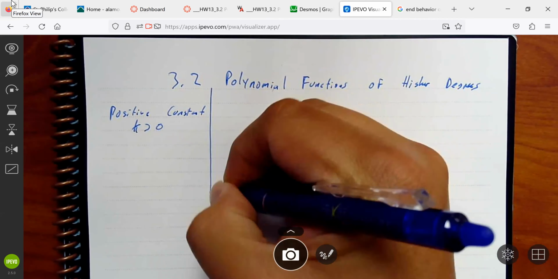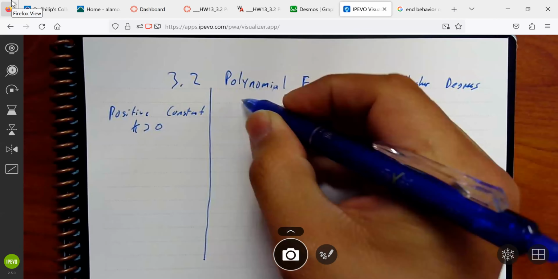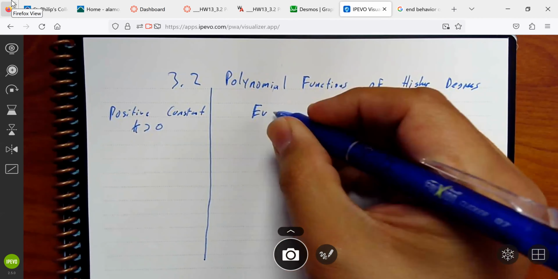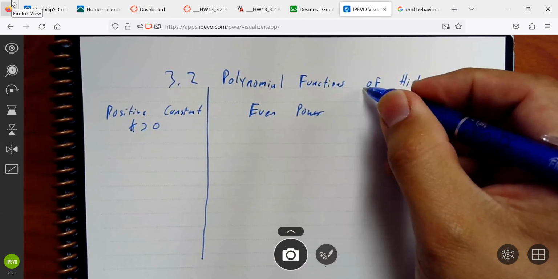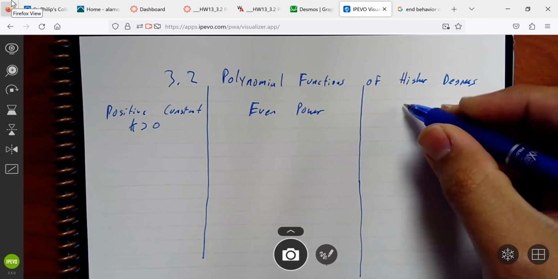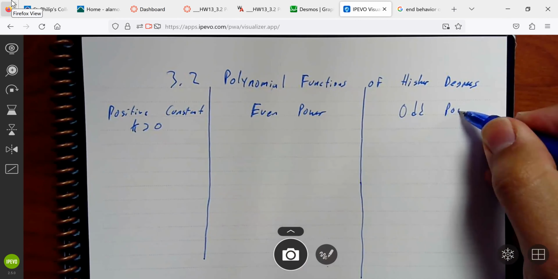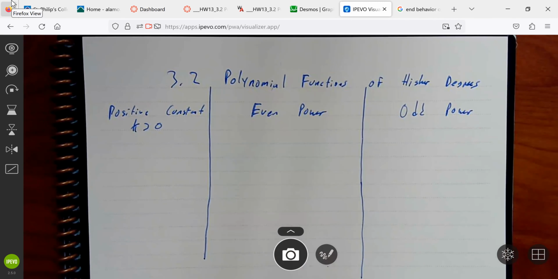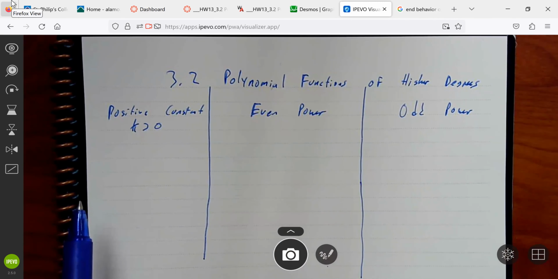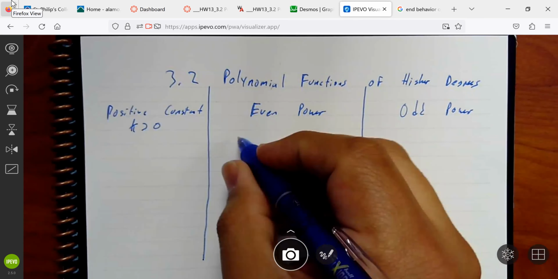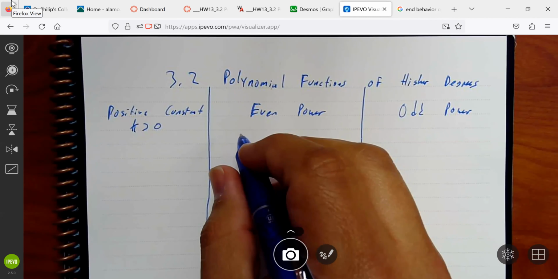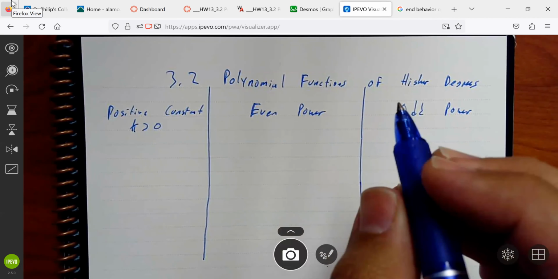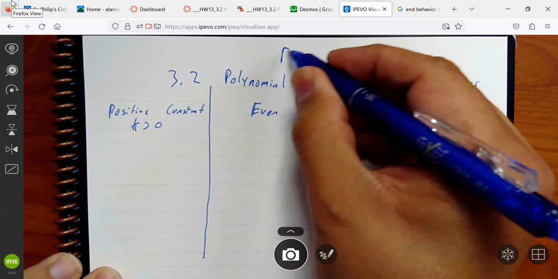So if you have this situation going on, but you have an even power, right? If the K is positive. Okay, I'm going to put it up here. Forgot to make space for this.